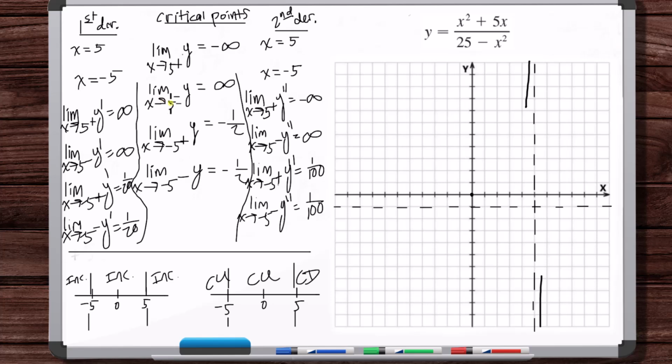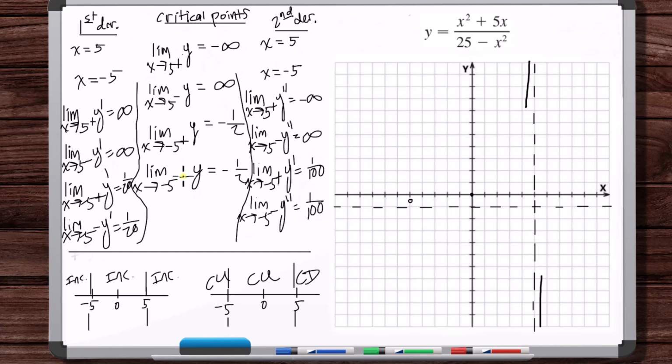When x is equal to -5, the function is not equal to -1/2, but that's where the hole is. So 1, 2, 3, 4, 5, and then -1/2. There's going to be the hole. That's what this shows us.